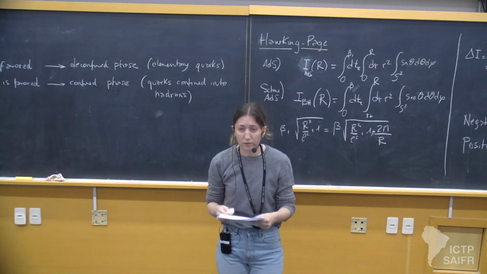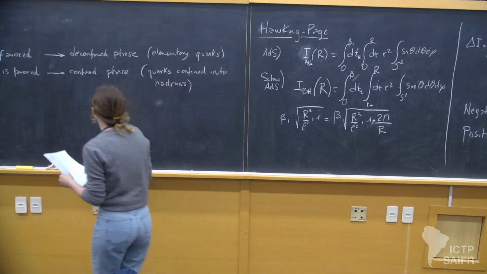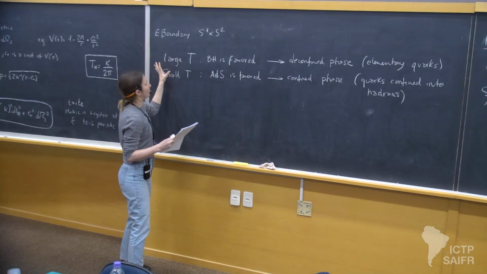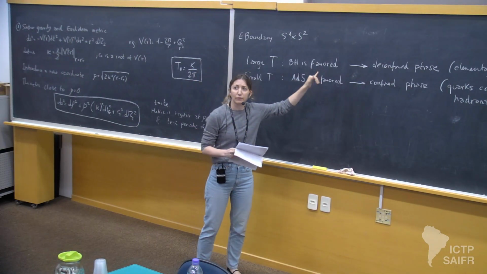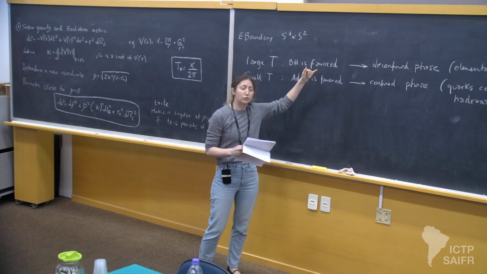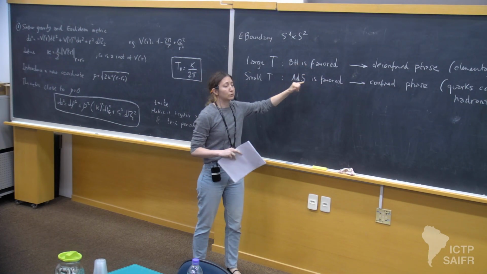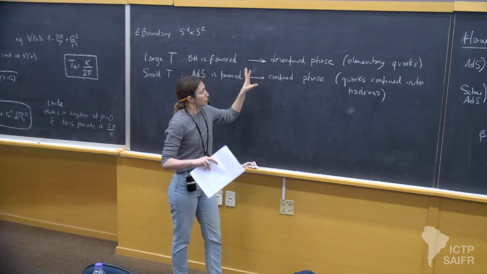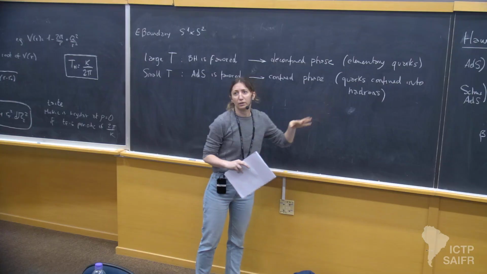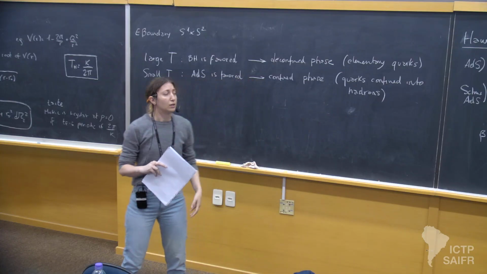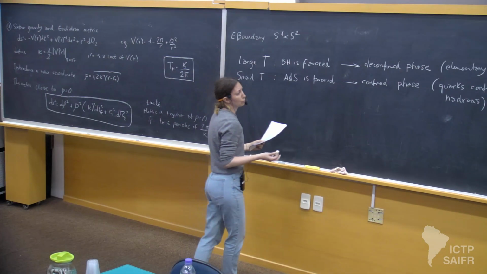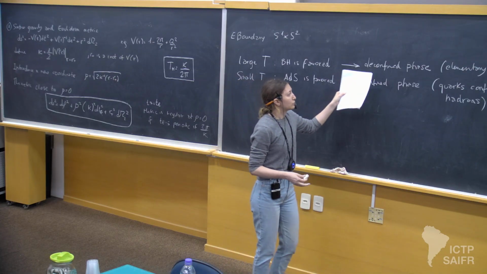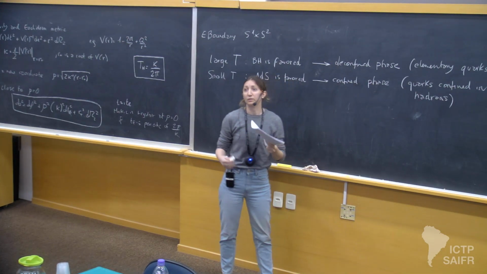So in general, this is something that you see on the dual field theory. This is the gravitational picture that you have, that the black hole is favored for large temperature and AdS is favored for small temperature. They correspond to these phases of matter, and this analysis was done in the dual field theory, for instance in N=4 super Yang-Mills, where you see that the order parameter for the confined and deconfined phase is the Wilson loop.